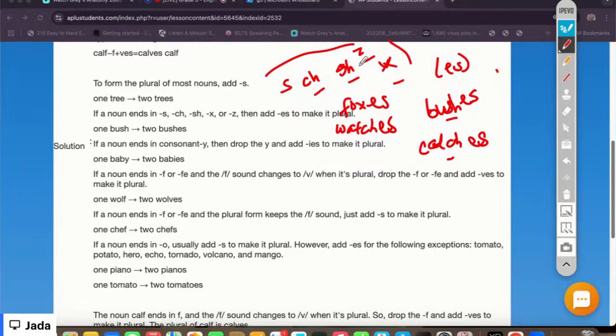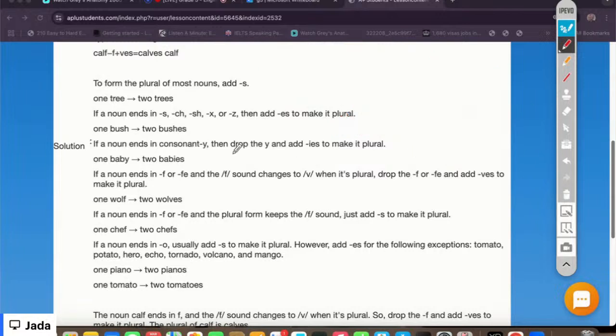All right. So the next one, if a noun ends with Y, then you have to drop the Y and add IES. So the Y is slashed and it changes to I. So it becomes what?